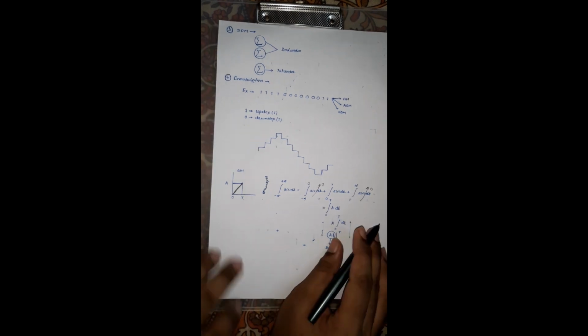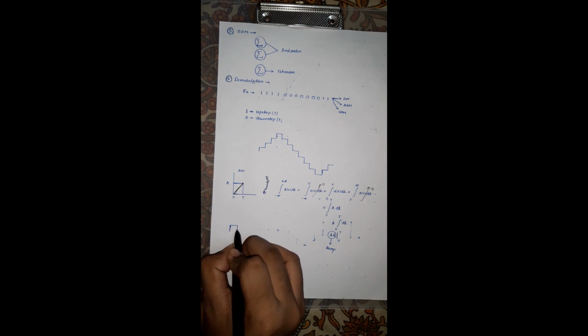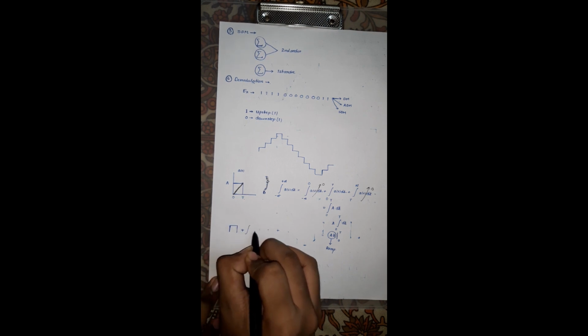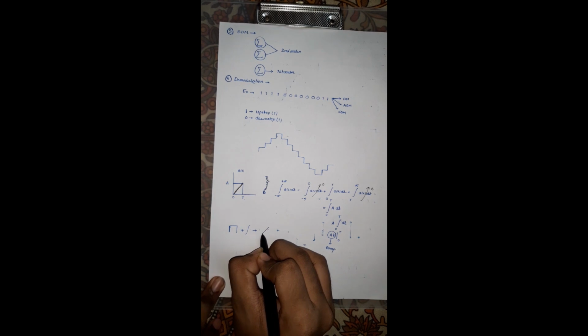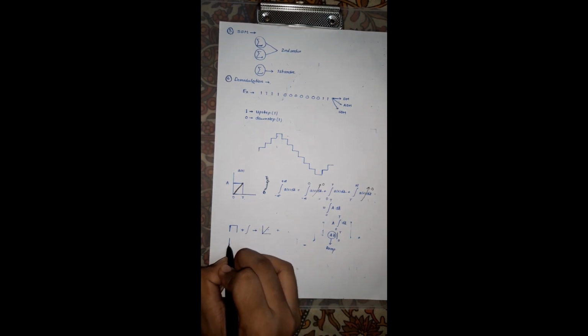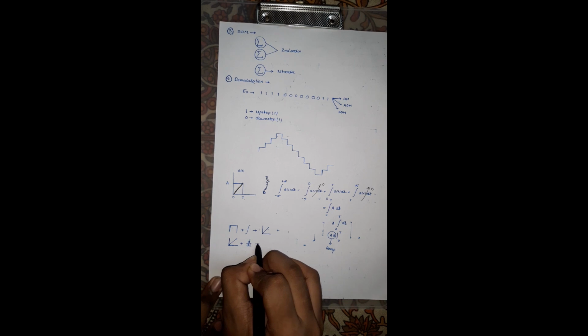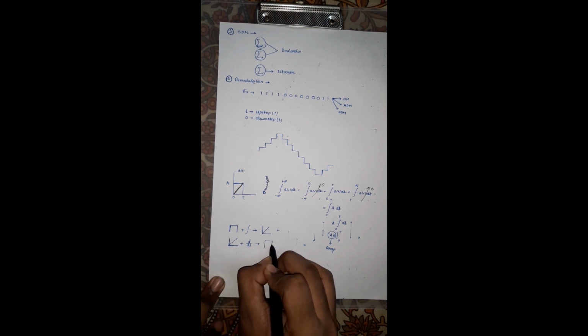From 0 to T a ramp will be produced. Using this concept, we can also tell that if we provide a pulse signal to an integrator, it will produce a ramp. The vice versa is also true. If I take a ramp signal and provide it to a differentiator, a pulse will be produced.